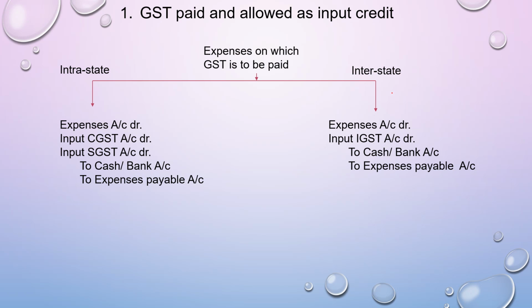But if it was between two persons living in two different states, then the input IGST account is debited, and we would be debiting the expenses with the value of expenses, debiting the respective GSTs here, and if immediately settled by payment of cash or check, we credit cash or bank account. But if it is not settled immediately and is payable later, we credit the expenses payable account. So this is how expenses on which GST is paid would be recorded in the books where input credit is allowed.